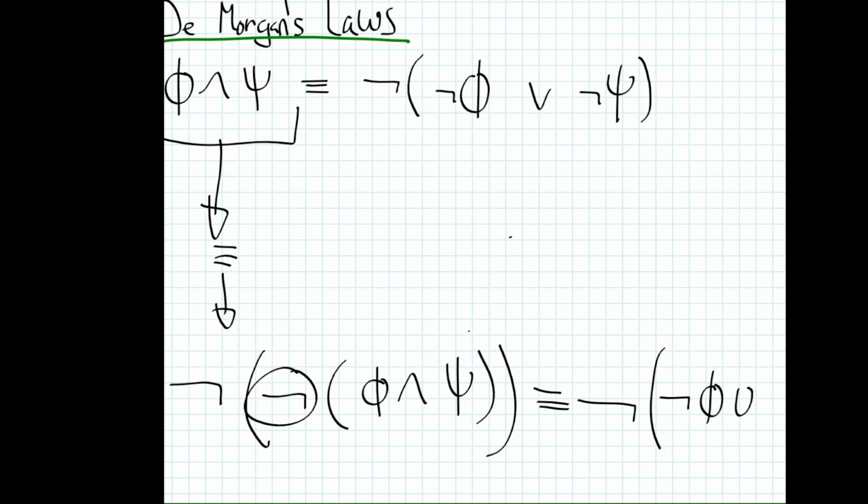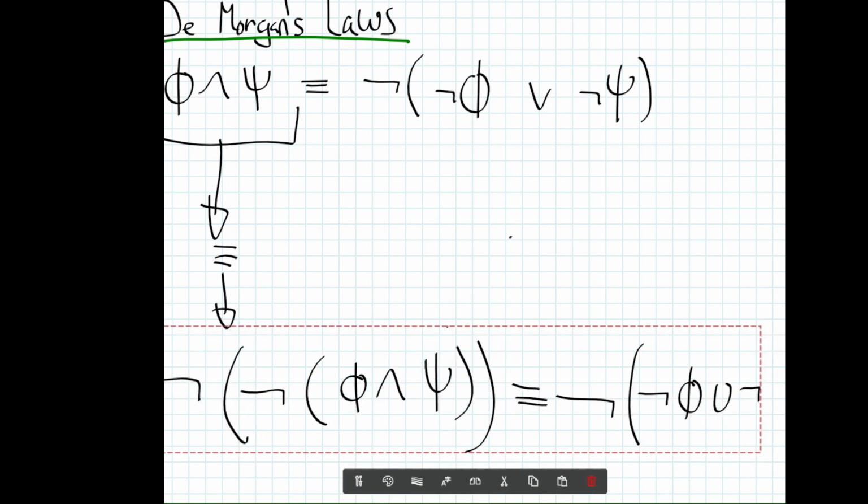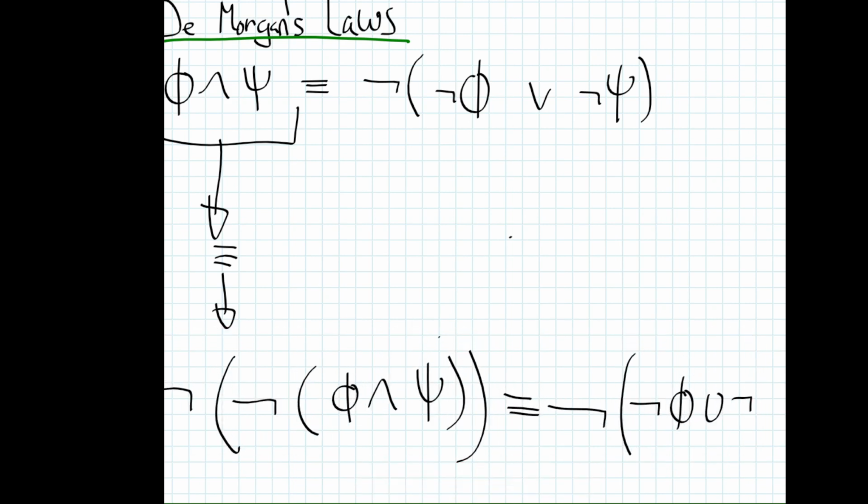And then, because of this one, we have to negate, let me bring this to the left a bit. Hopefully you're tagging along with the idea. So we have to negate the variable psi.